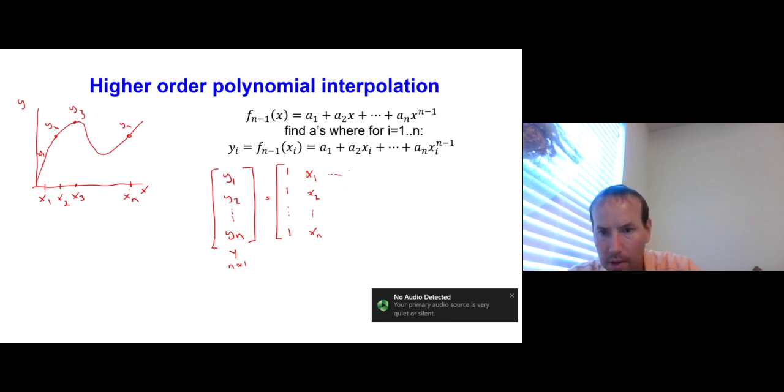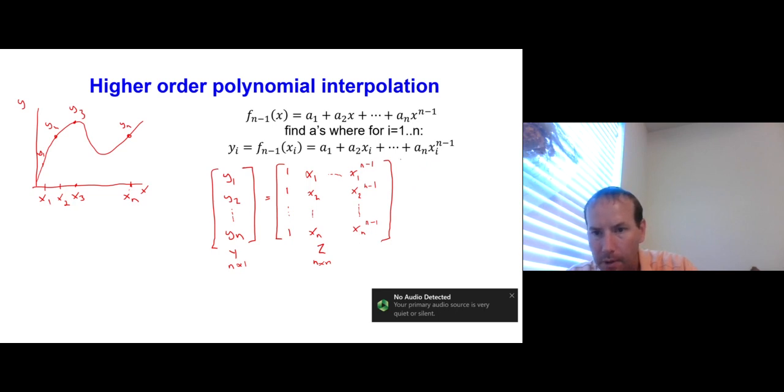And our last column is x1 to the n minus 1, x2 to the n minus 1, x_n to the n minus 1. So z is n by n.